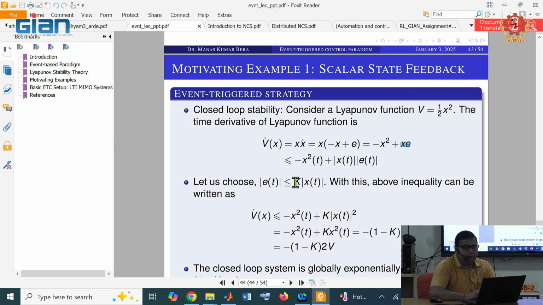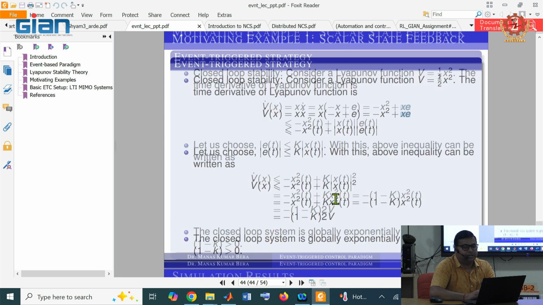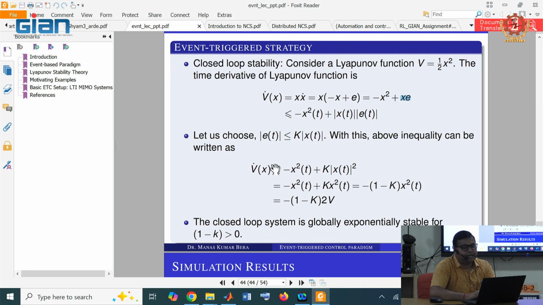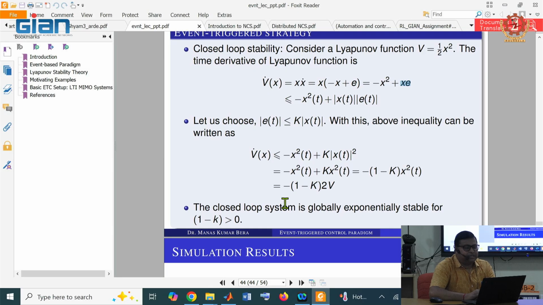Now if we substitute that condition, you see that V dot can be said negative definite only if 1 minus k square is greater than 0. And this condition, mod of e(t) less than k of x(t), can be used as a stabilizing condition, or it is the triggering condition.